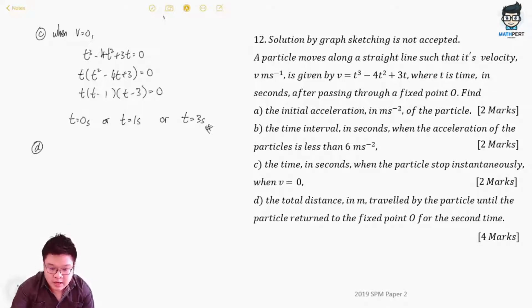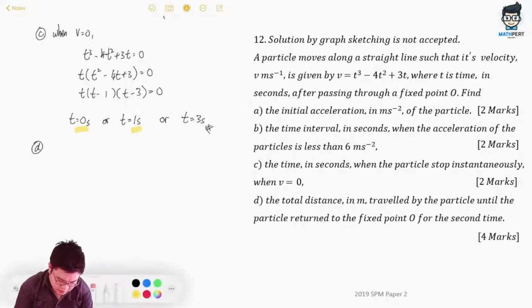So in this case, it is travelled by the particle until the particle returns to the fixed point O for the second time. Okay. Second time, we know from question C that the first time is at 0 seconds. The second time is at 1 second.